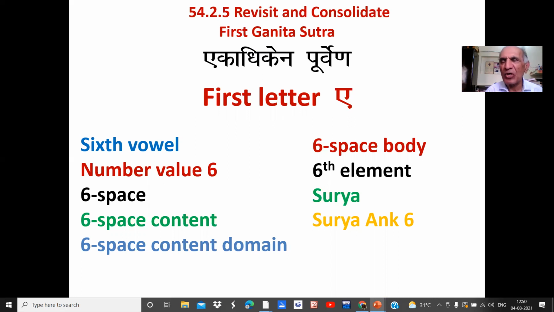We may again have a pause here and remind ourselves that the first 5 elements, earth, water, fire, air, and space, are having a step ahead the sixth element, that is the Surya, that is the sun. Therefore, this organization of Ganita Sutras, in terms of its very first letter, is taking us to sun, the sixth element, and Surya Ank, the number of the Surya, is 6.